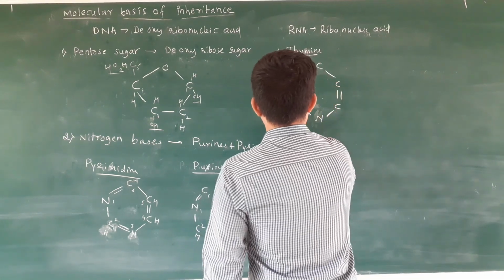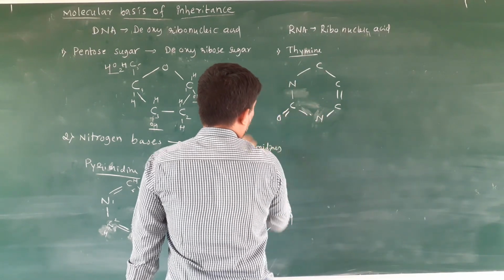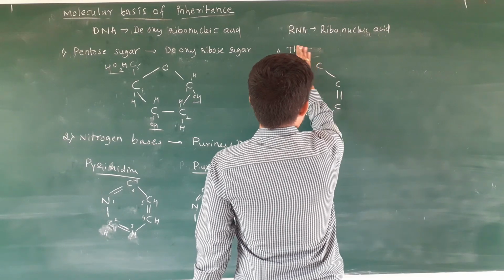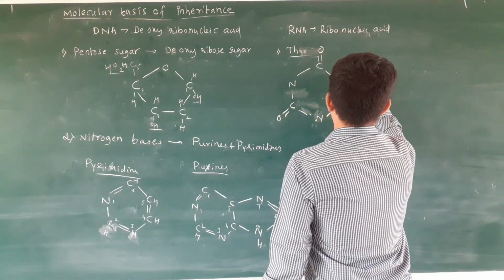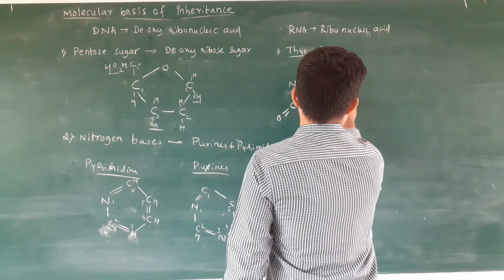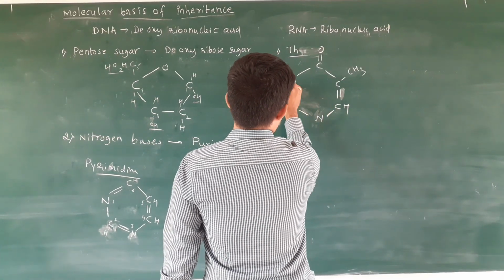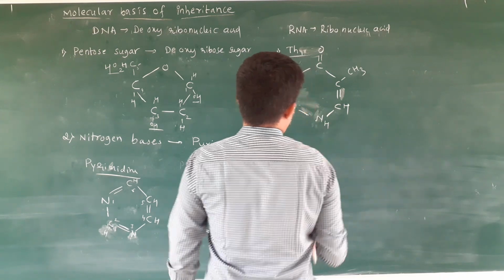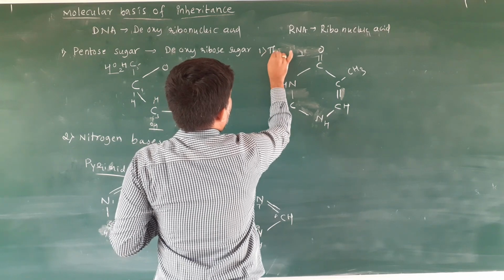Here it is double bond O, here it is double bond O, CH3, H, OH. So this is the structure of thymine.